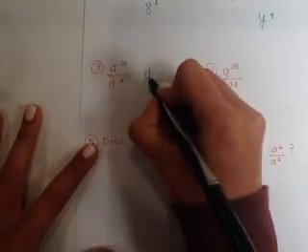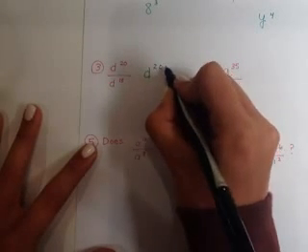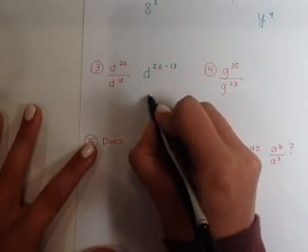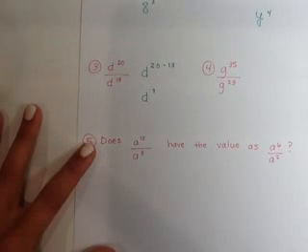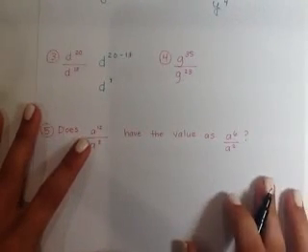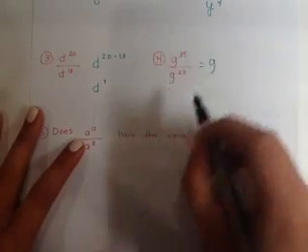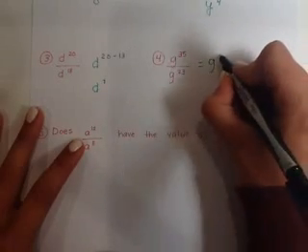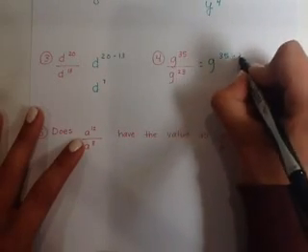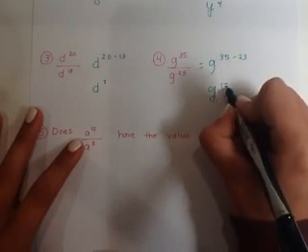Same base, d, being divided, so that will be subtraction, 20 minus 13. This will be d to the 7th power. Same base, g. Division, so we'll subtract 35 minus 23, with g to the 12th power.